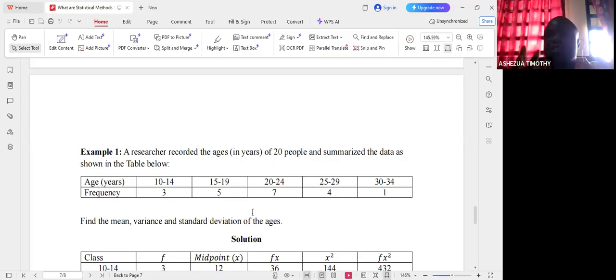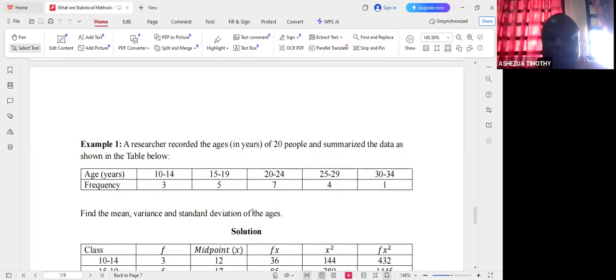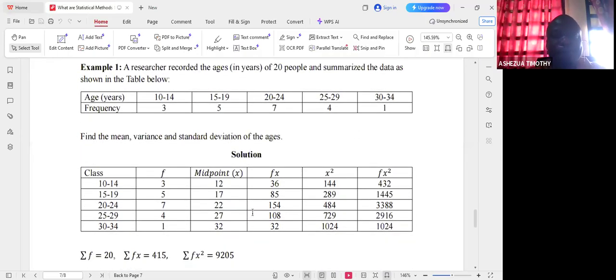Now, as a solution, this is how you construct your table. The ages is what I'm calling class here.